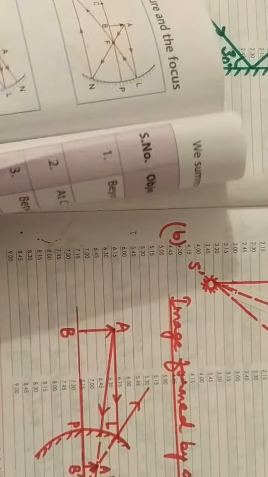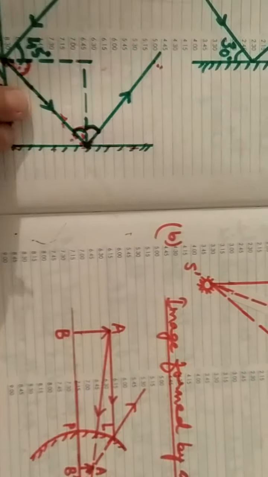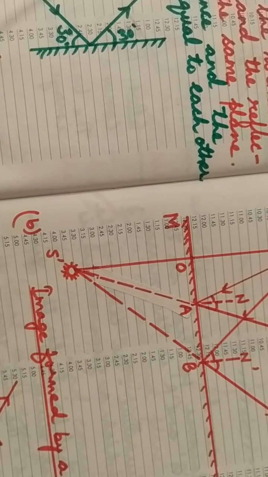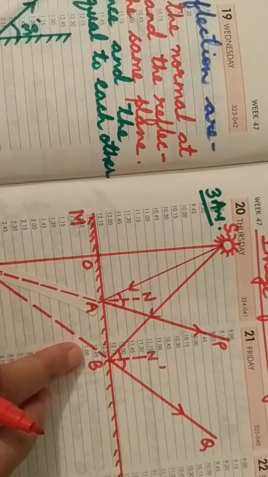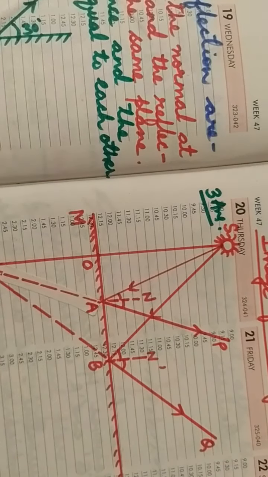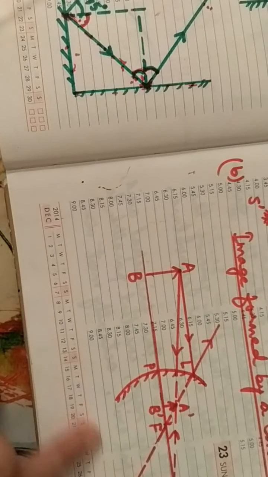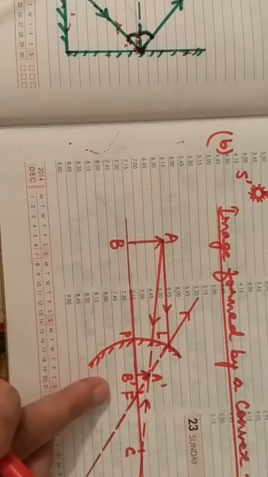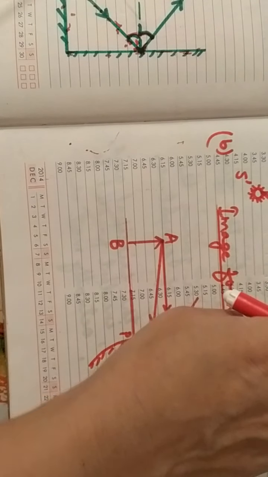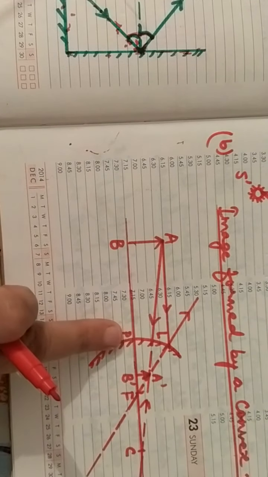So here this is the image which is made by the plane mirror, and this one is the image which is made by the convex mirror. So clear children, this is the 3A and this one is the 3B.